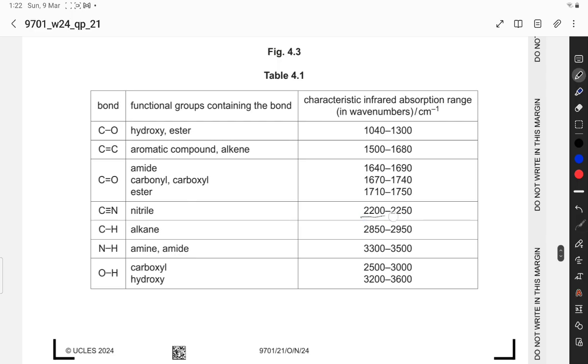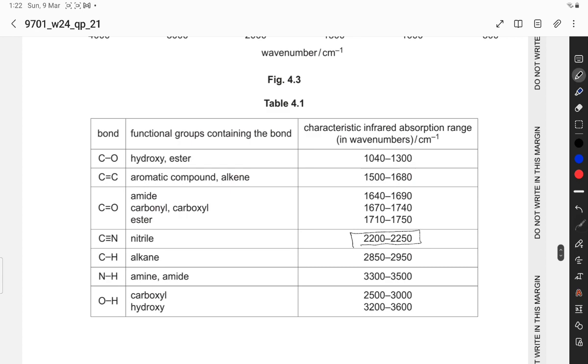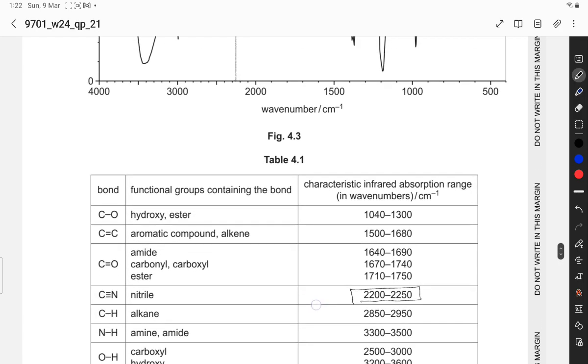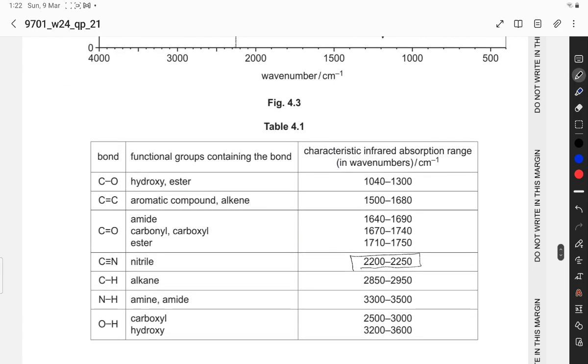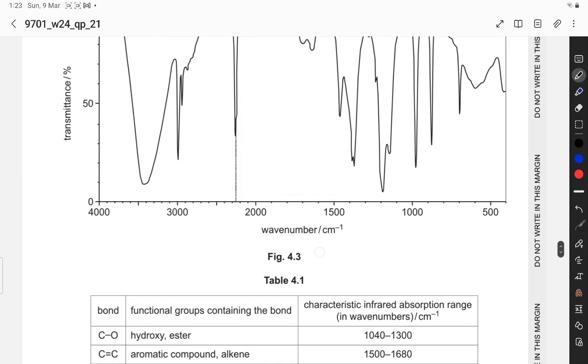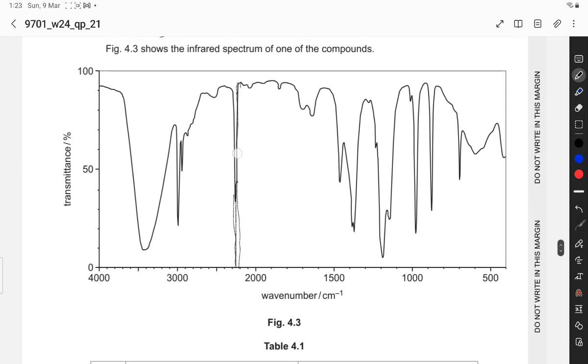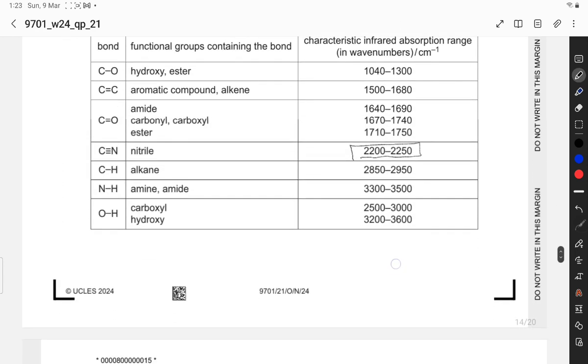The 2200 to 2250 is the peak of nitrile. Basically it starts from here, 2200 to 2250 is the peak of nitrile.